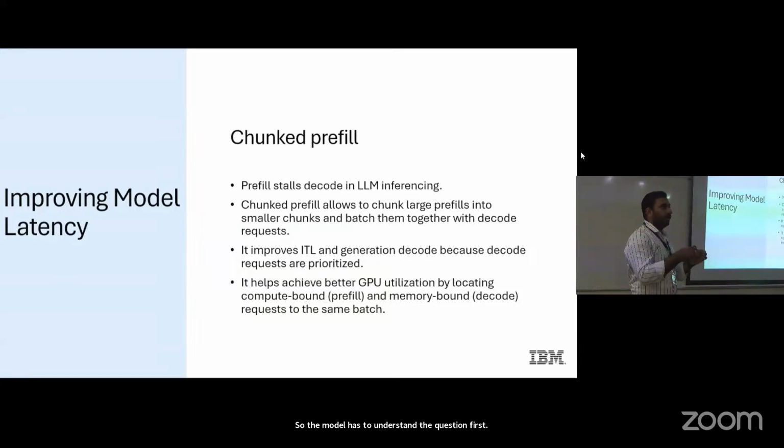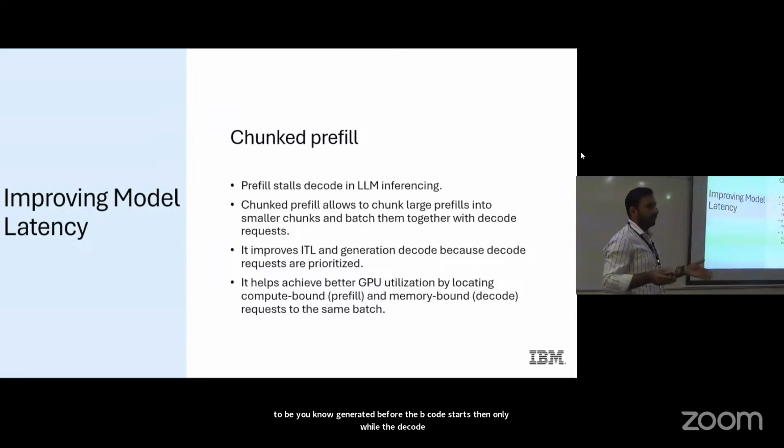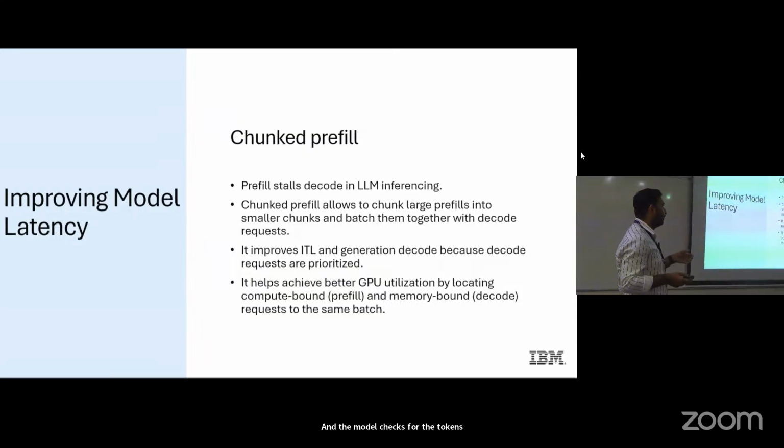So the key value pairs of all the tokens in your question have to be generated before the decode starts. Then, during the decode, the model checks for the tokens and their attention scores, which will be present in the GPU. So suppose you go back to the earlier continuous batching: whenever a request finishes the decode, you will have to add one more request.